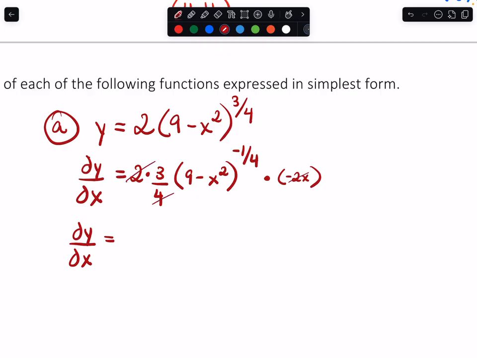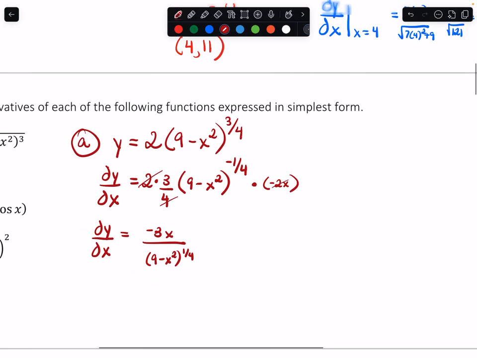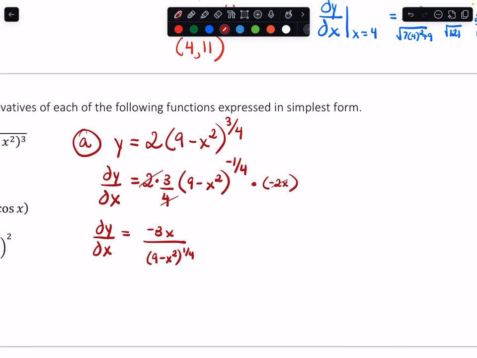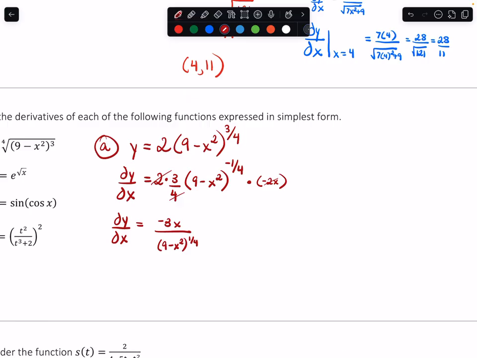So that all goes. You have a 3 and a minus x. So in the numerator, you'd have a minus 3x. This you can bring down. Again, if I left it like this, that's perfectly fine. I would say that's simplified. You just may see somebody change that in the bottom to 4th root 9 minus x squared.